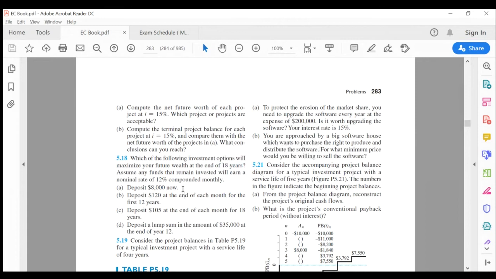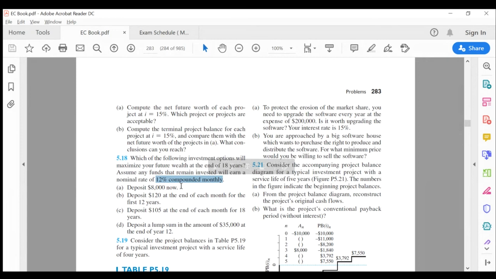The only thing is I, which you need to calculate. Right, so this is your 8,000 now, P, your n will be 18, but for I you have to calculate an effective annual rate: 1 plus r over m to the power m minus 1, that formula. You should have 12.68, I think.